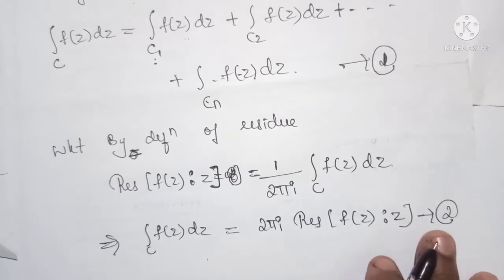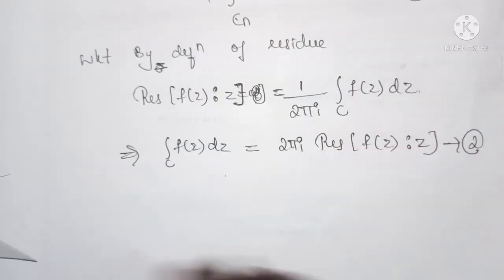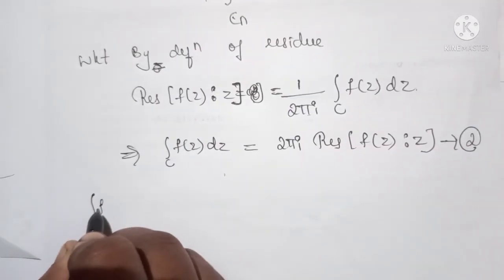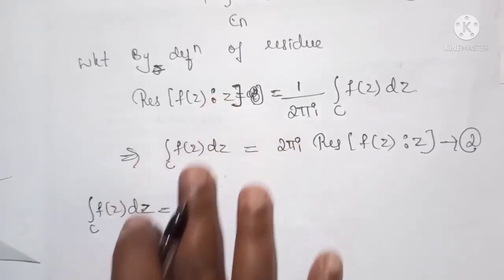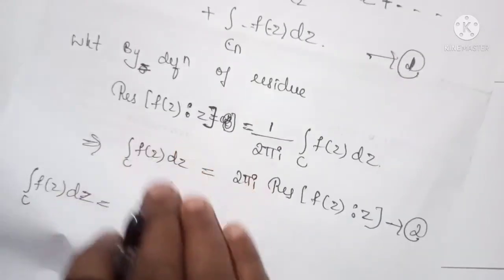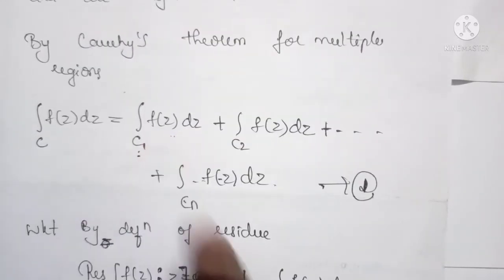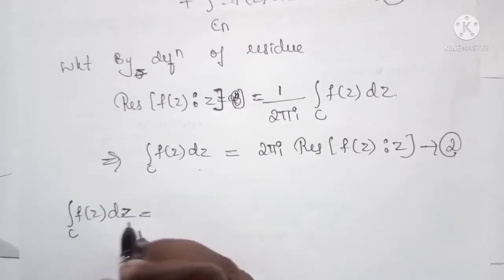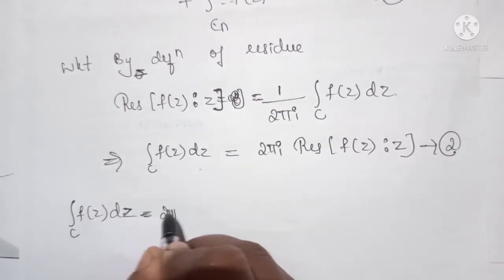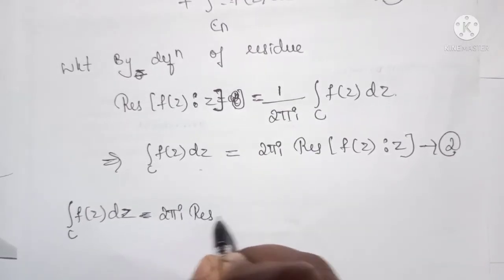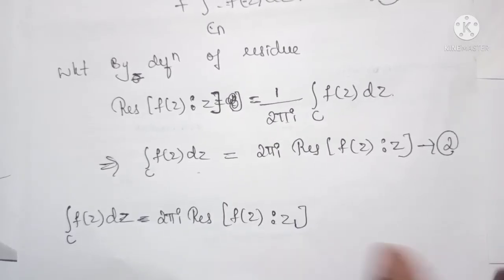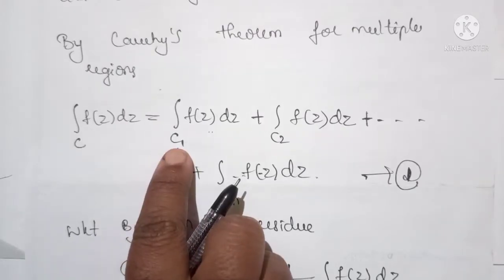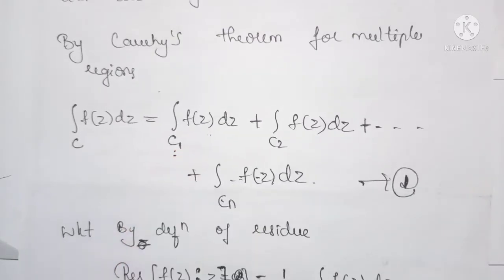So substituting equation 2 in equation 1, we can write the integral over C of f of z dz equals, we write the residue for this C1 at z1, which is 2 pi i times the residue of f of z at z1, because this C1 is a circle with center z1.